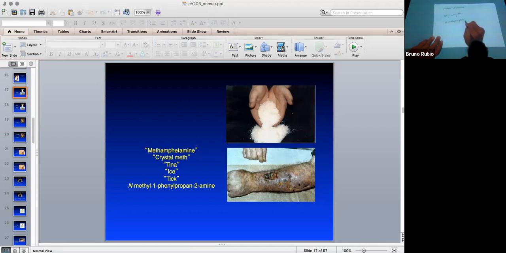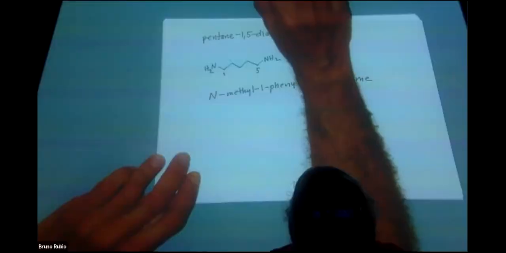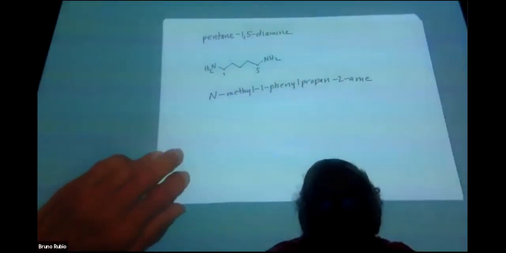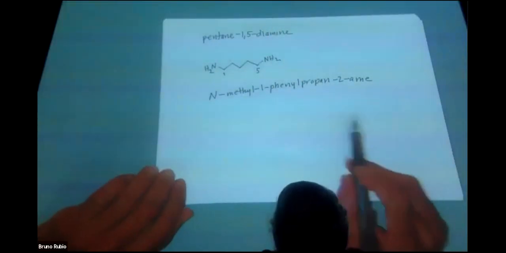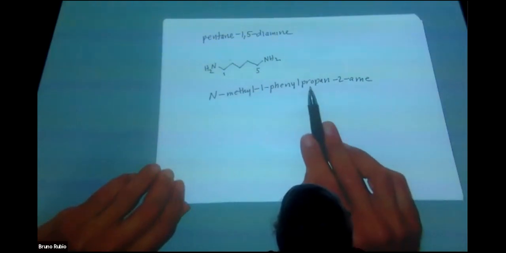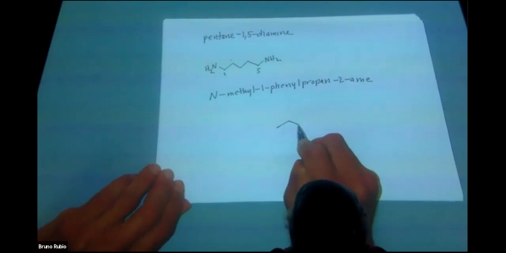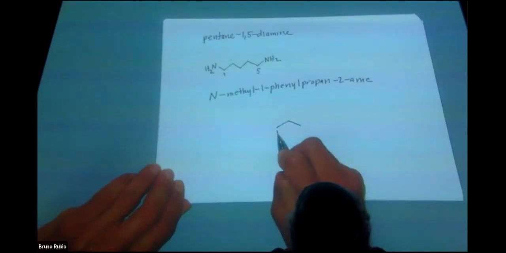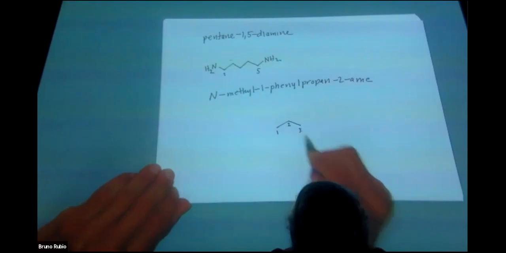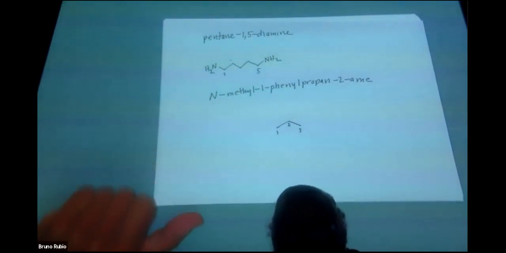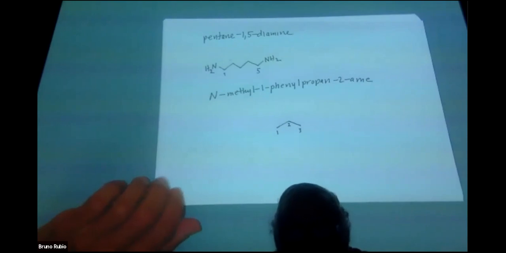N-methyl 1-phenyl propane 2-amine. Okay, so what's the parent? Prop, right? 3 carbons. 1, 2, 3. Okay, number the carbons, begin at the end of the chain. 1, 2, 3, could have numbered them in the opposite direction.